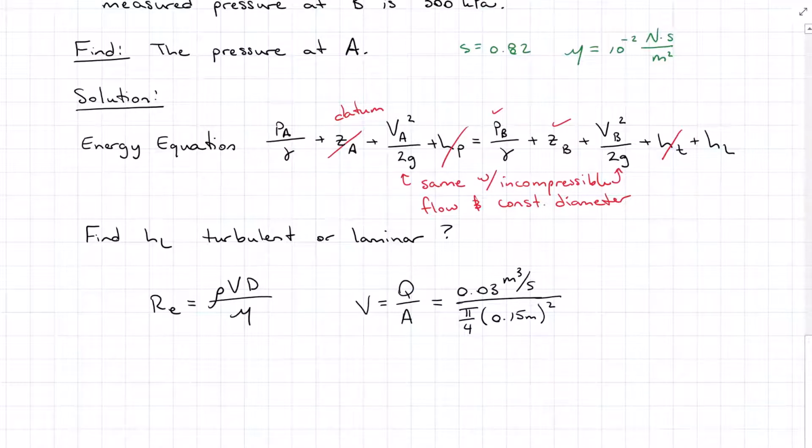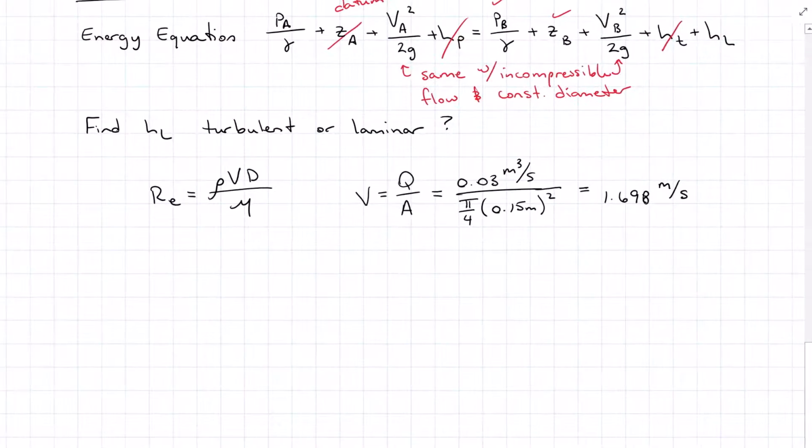Get that centimeters to meters, and we find that our velocity through the system is 1.698 meters per second.